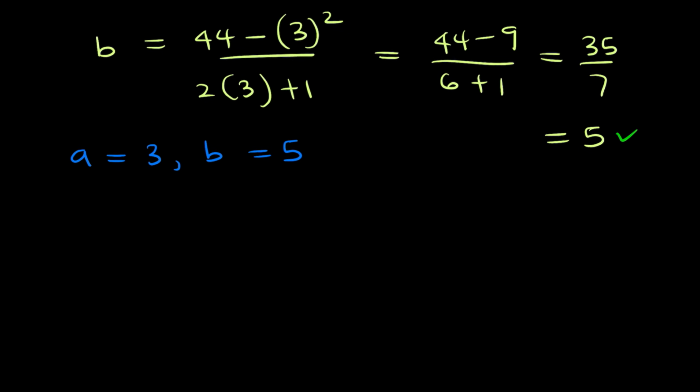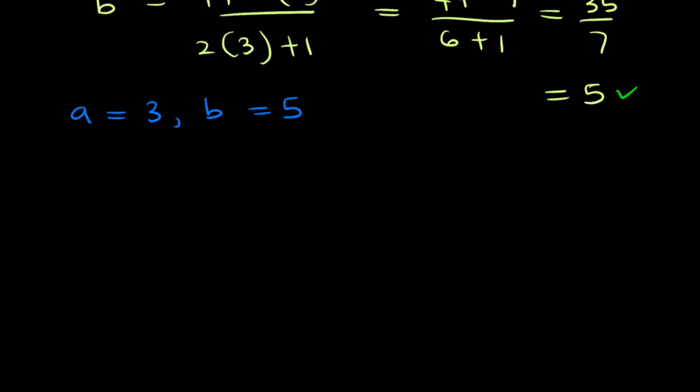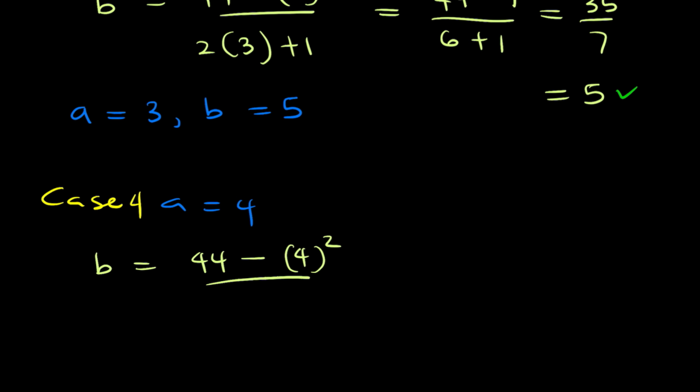Let's carefully look at the next case. The next case is when a is 4. This is case 4. So when a is 4, b is 44 minus 4 squared divided by 2 into 4 plus 1. This is 44 minus 16 divided by 2 times 4 is 8 plus 1.